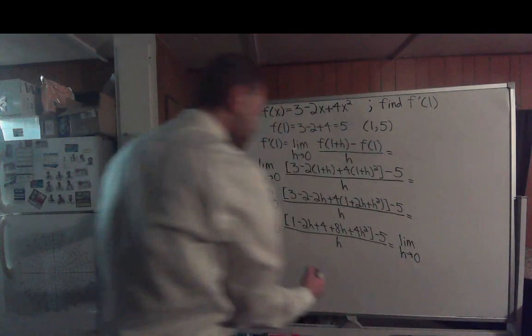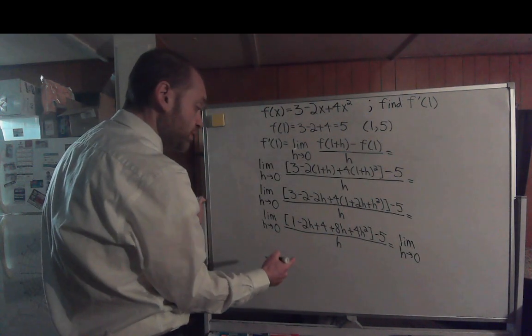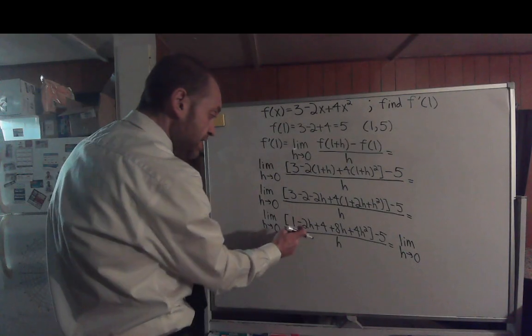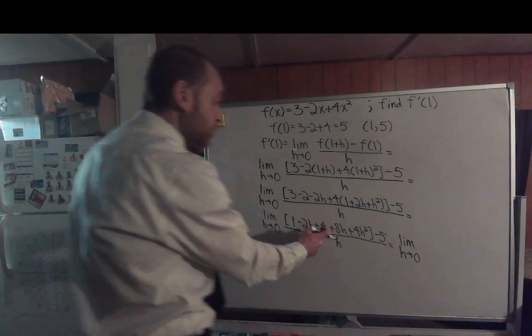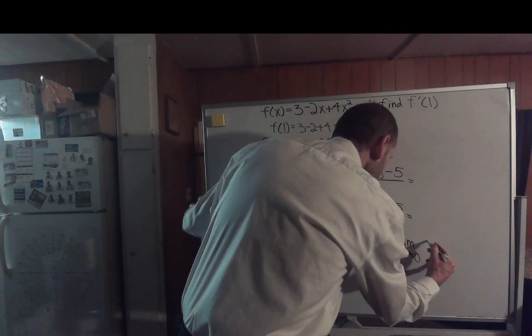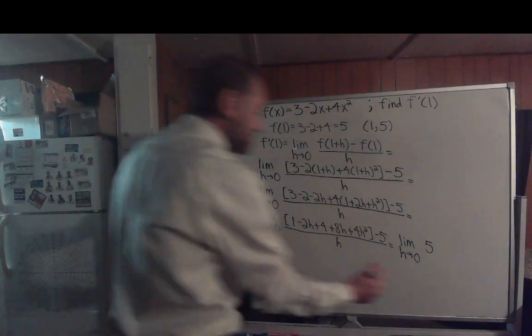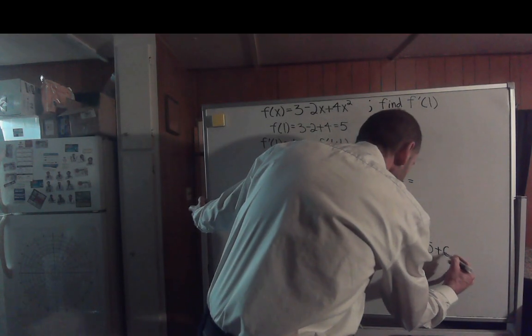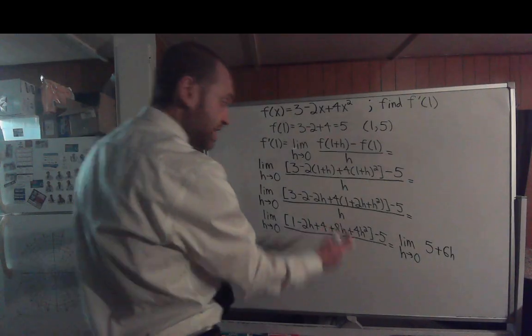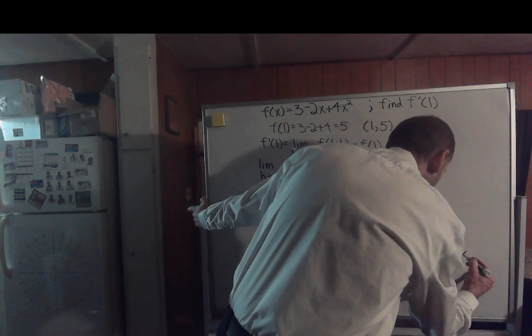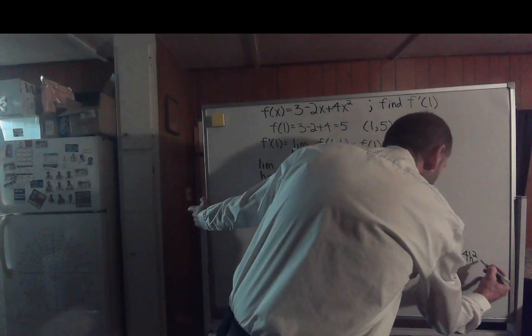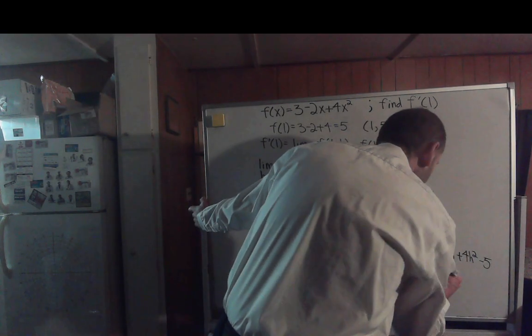So this would turn into the limit as h approaches 0. We simplify further, you'll end up getting inside the bracket 1 plus 4 is 5, so you would end up getting 5. Then negative 2h plus 8h, that's plus 6h. Then you just have your plus 4h squared. All that minus 5 all over h.